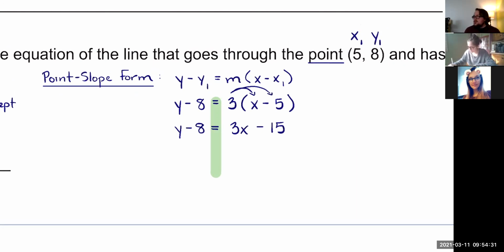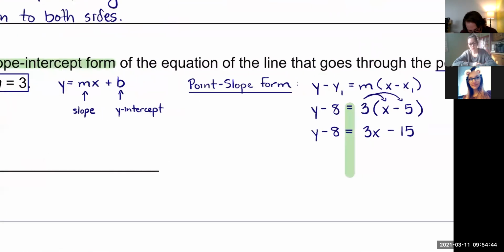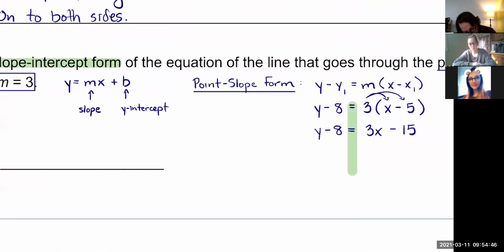But what else is usually true about slope-intercept form? In slope-intercept form, there's not usually like terms, because if there were, we would have combined them. But if you're looking at slope-intercept form, we usually have y equals mx plus b. Here I have y minus 8 equals 3x minus 15.